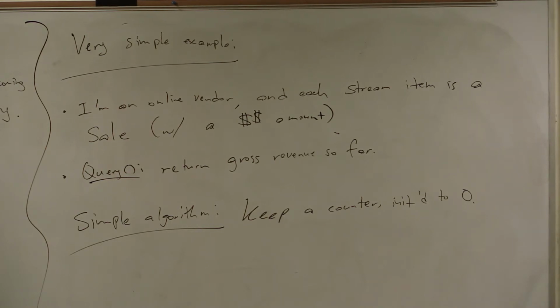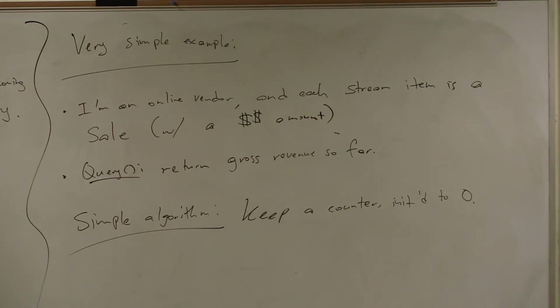So this counter is maintaining my gross revenue for the day. Now, am I remembering most of what I saw? No, I'm using very little memory. I only have basically one int in my memory. I don't need to remember the actual list of all sales that happened to be able to answer this query. Okay? So this is just to give you something tangible right away, so you can realize this is not that abstract.